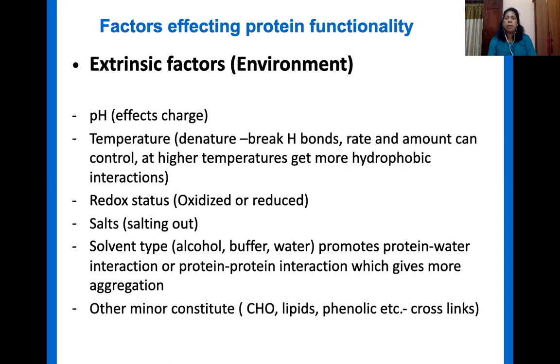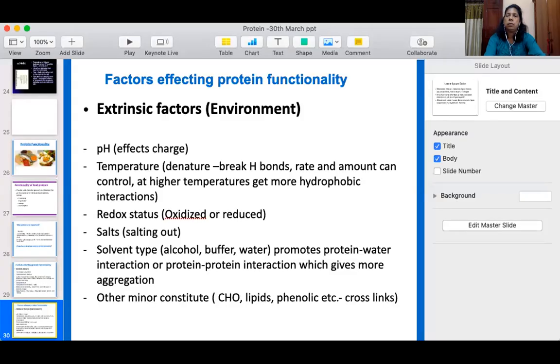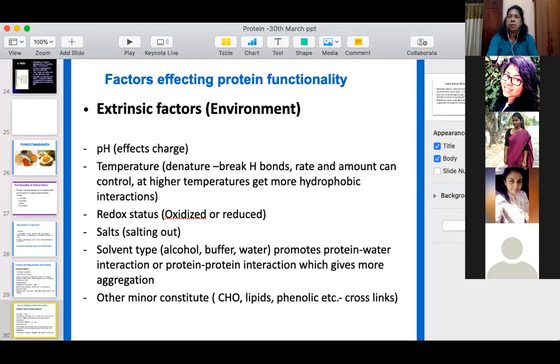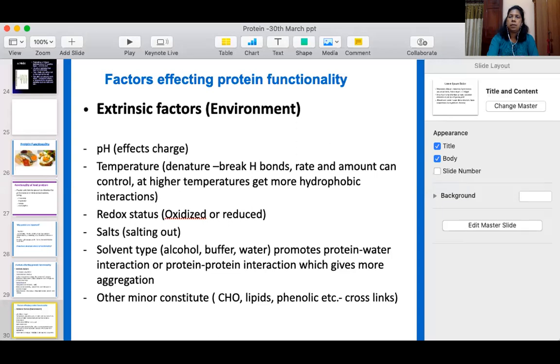If there is more hydrophobic interaction, what would be the result? What would be the result?